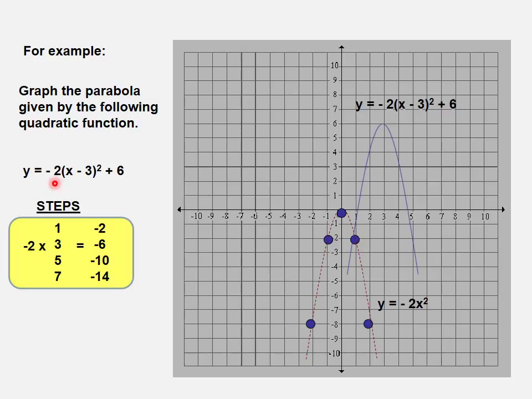So the first value is called a stretch or a compression, and then the other two values, the P and the Q, are called shifts. So either shifting left and right or shifting up and down. So here's our completed parabola here, and the name of this parabola is now called y equals -2 bracket x minus 3 squared plus 6, because that identifies exactly where that parabola sits on our Cartesian plane.